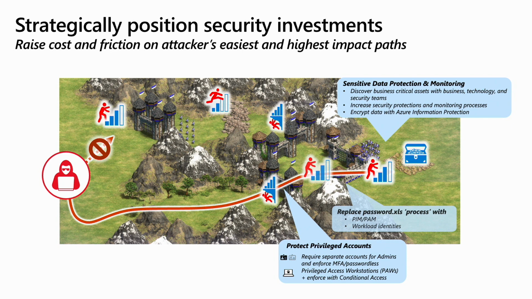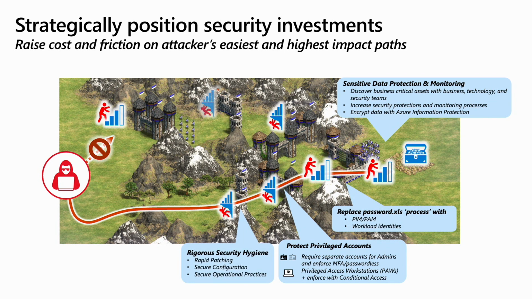And of course, no security talk is ever complete without talking about patching and how important it is to have security hygiene. You want to have the latest code that's actually got the fixes built in it. You want secure configuration and good operational practices to make sure that those admins are handling those credentials very well, which we'll talk about a little more in a bit. And security operations also needs to be modernized.